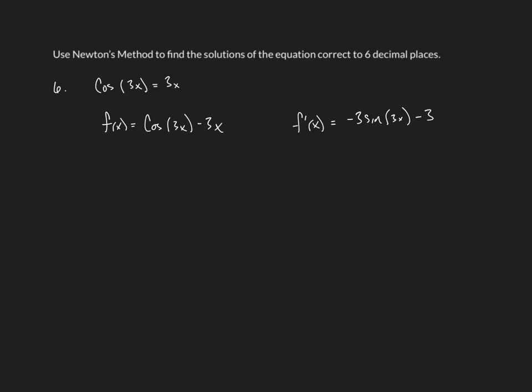So we've got our f of x function, we've got our f prime of x function, and now let's recall Newton's method. This is the little formula that we end up using, which just says that x of n plus 1 is equal to x of n minus f of n over f prime of n.